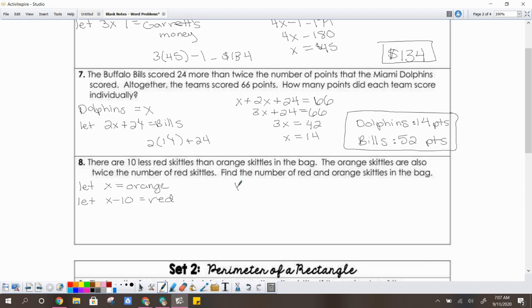Okay, so now we also know that the orange Skittles are twice the number of red Skittles. So the orange Skittles, which is x, is equal to 2 times the red Skittles. Okay, so we're going to go ahead and solve, and we're going to distribute first. So we have 2x minus 20, and then I want to get all the x's on one side. So I'm going to subtract 2x from both sides.